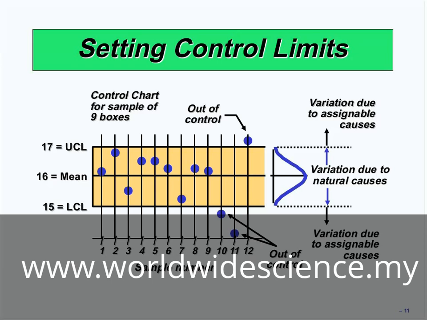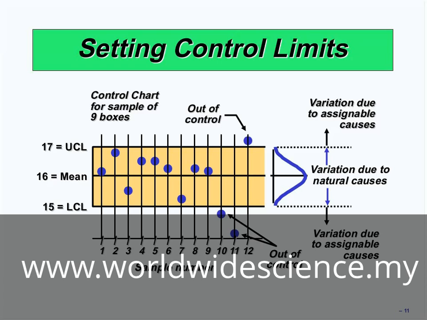Now we have determined, or we have calculated, the range or acceptable area. The acceptable area is between LCL and UCL always. But if you see 3 spots, number 10, number 11 and number 12, they are out of this acceptable range.